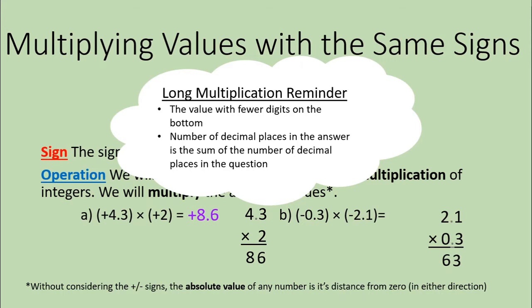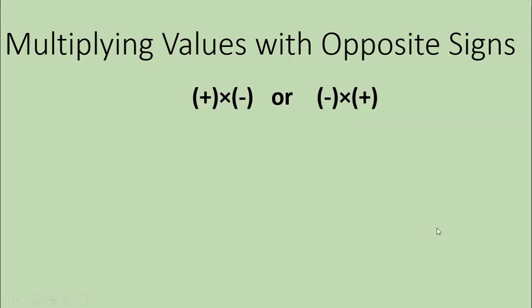There's one digit after the decimal in the number 2.1. And there's one digit after the decimal in the number 0.3. So that's 2 digits after the decimal in the question, 2 digits after the decimal in the answer. So my answer, we said, was going to be positive, and it needs to have 2 digits after the decimal place. That's going to be positive 0.63.